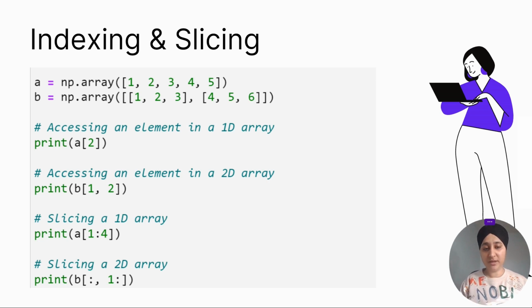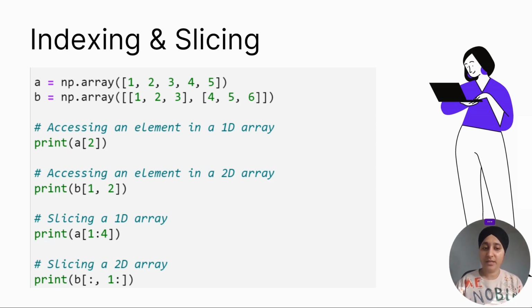Slicing in a two-dimensional array. You can see there we are printing B in square brackets. Before the comma we have rows, like what rows we want to print, and after the comma we have columns. If we mention only a colon, it means all the rows, from the minimum index till the maximum index.